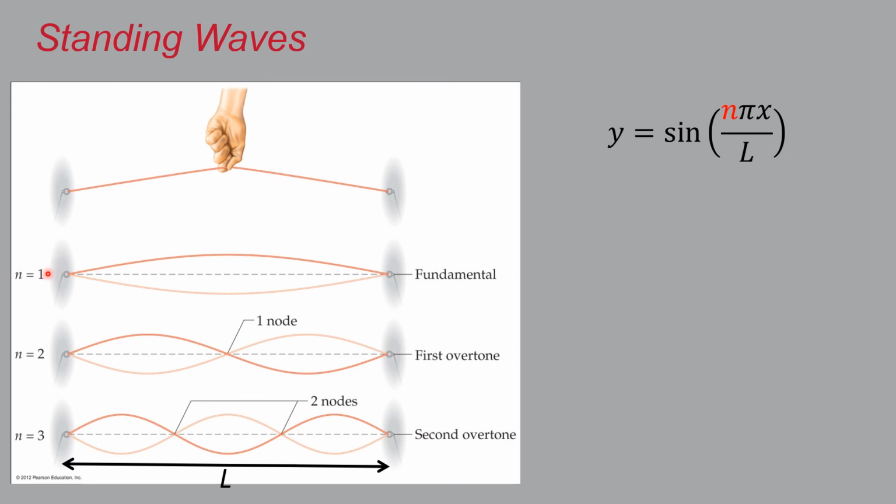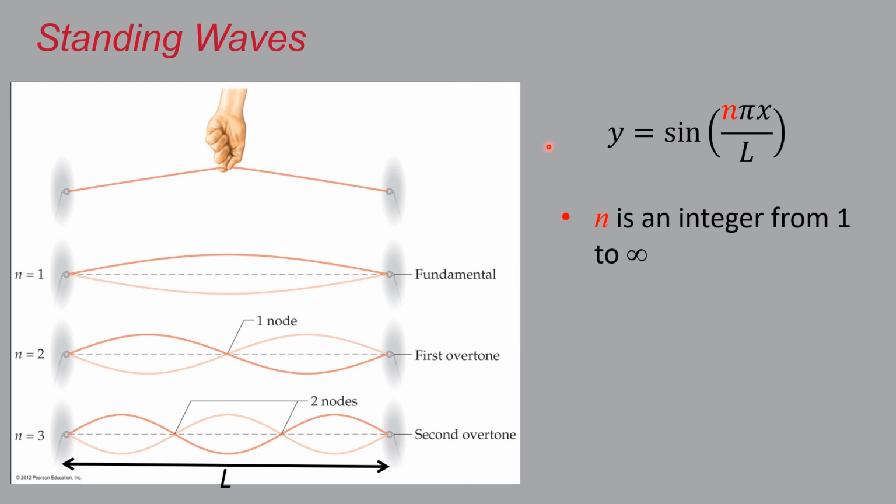So it's 1 for the fundamental, 2 for the first overtone, 3, and they would just keep adding up. You would keep adding 1 to it to get the next vibrational motions. So in this context, n would be an integer from 1 all the way up to infinity, although probably at the infinity level of energy, you'd bust the string, but we won't worry about that.